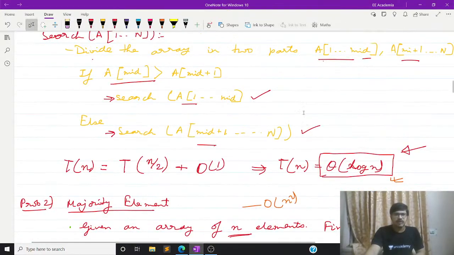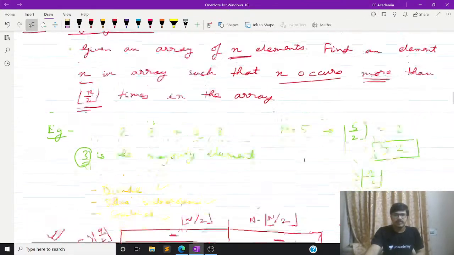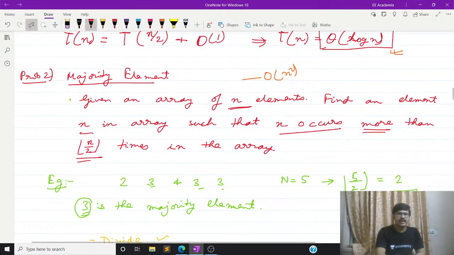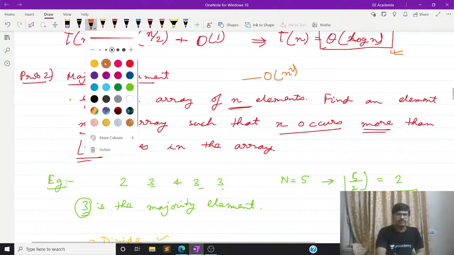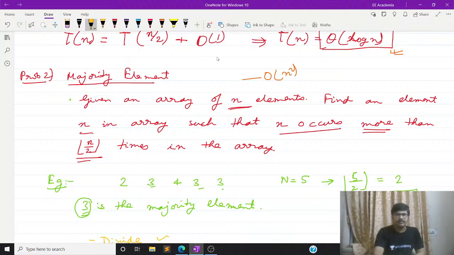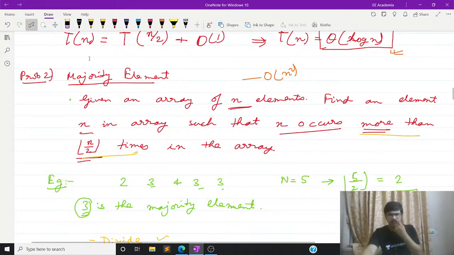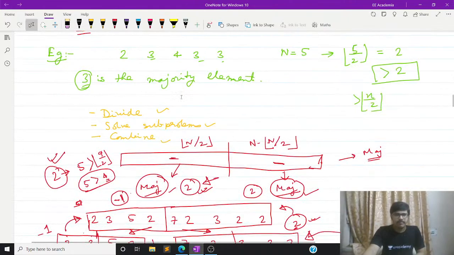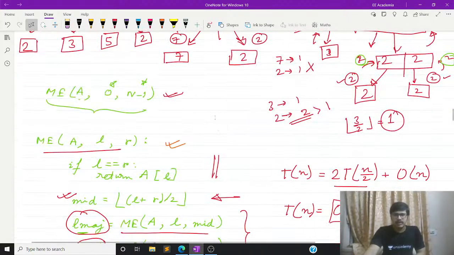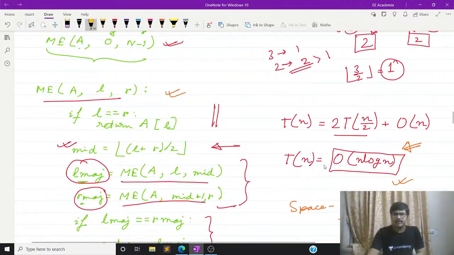Then we looked at the problem of finding the majority element in an array. The majority element is an element which occurs more than n by 2 times in the array. We solved it using divide and conquer. We saw how to come up with this algorithm, and we came up with an O(n log n) algorithm.